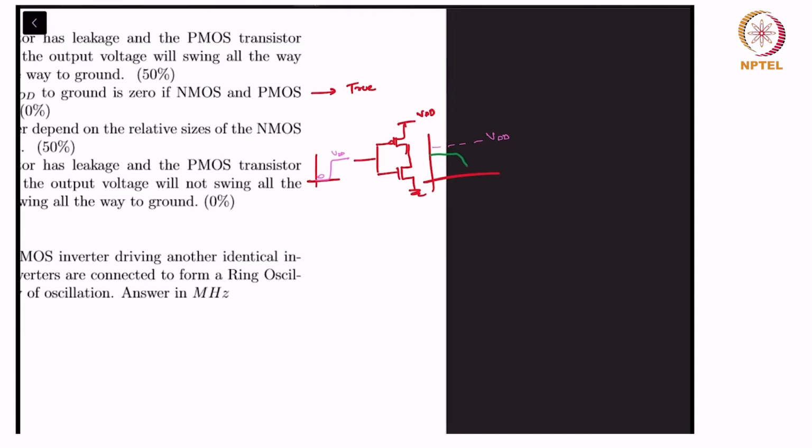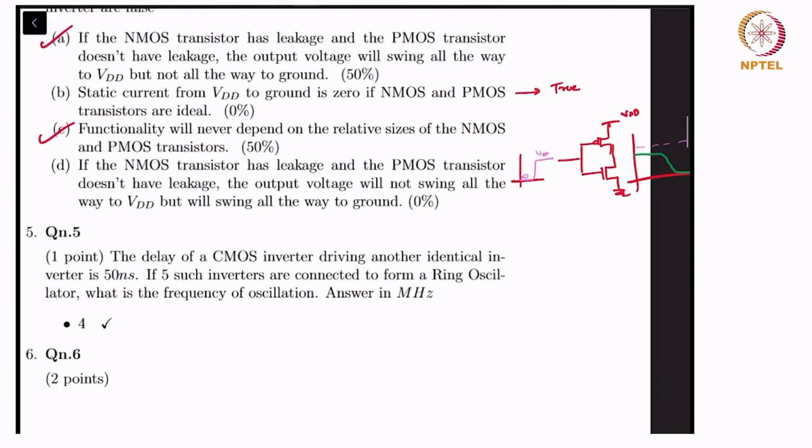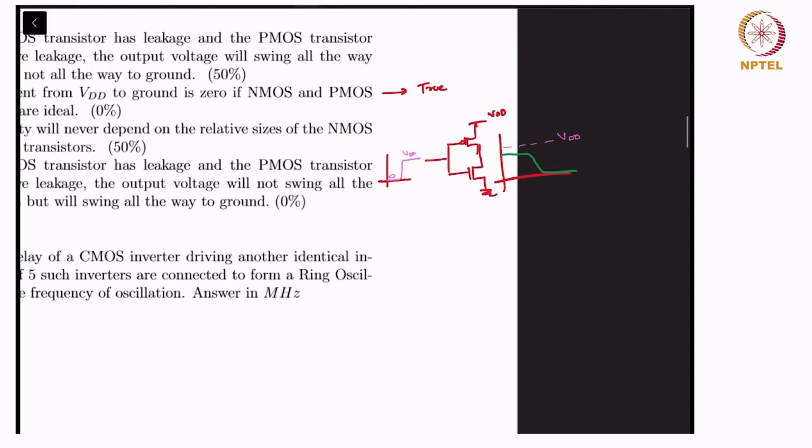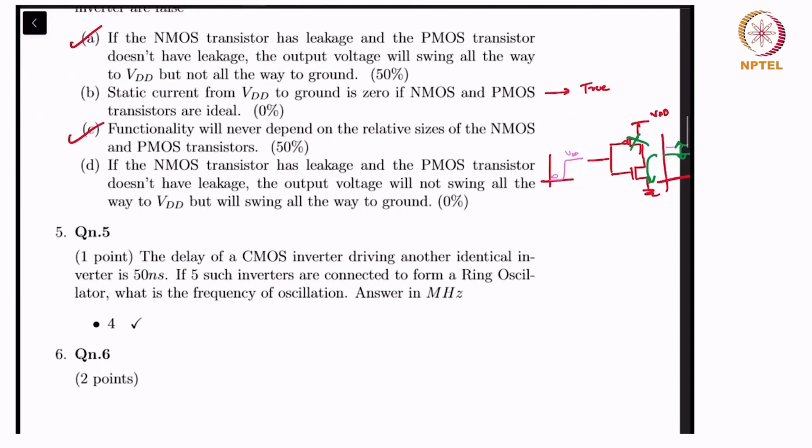But then when the input is VDD, the NMOS is fully turned on and the PMOS is fully turned off, because the PMOS doesn't have leakage. It's an ideal PMOS, and so it's essentially an off switch, and the output voltage is determined by the NMOS. So that's fully to ground, but not fully to VDD. So this option is also true.